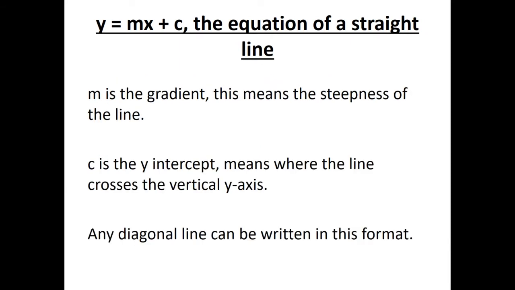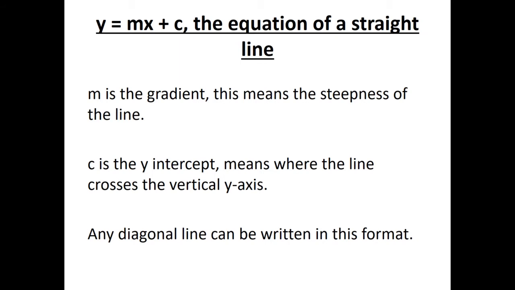Okay, so what is y equals mx plus c? Well, it's the equation of a straight line. M is the gradient, this means the steepness of the line, and c is the y-intercept, and that means where the line crosses the y-axis. So those two things are numbers.